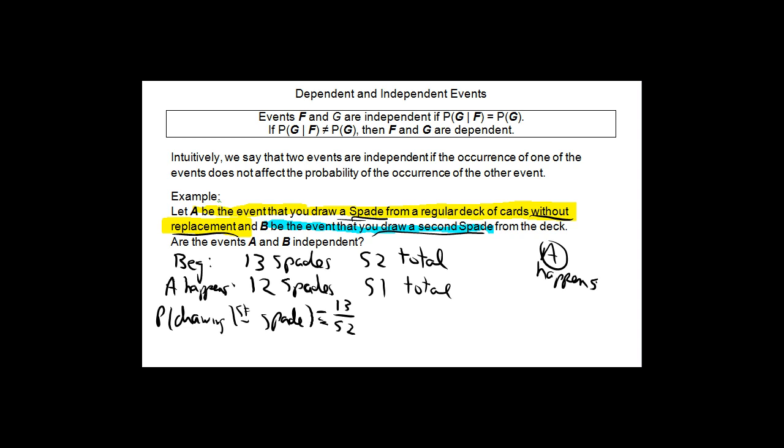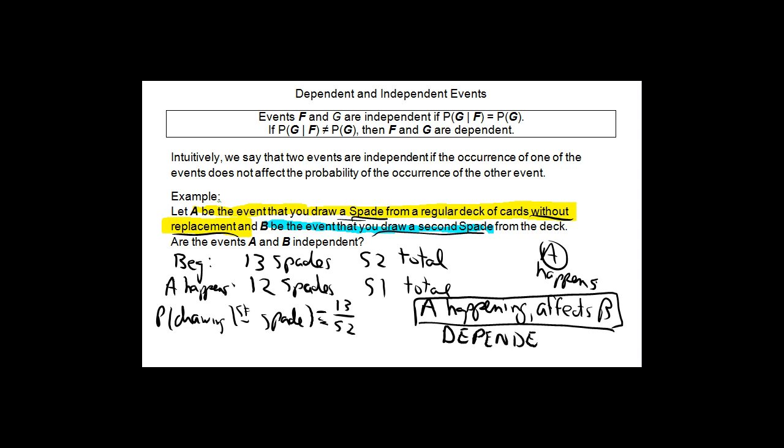So it's had an effect. So events A and B are not independent. A happening affects B. So these events are dependent.